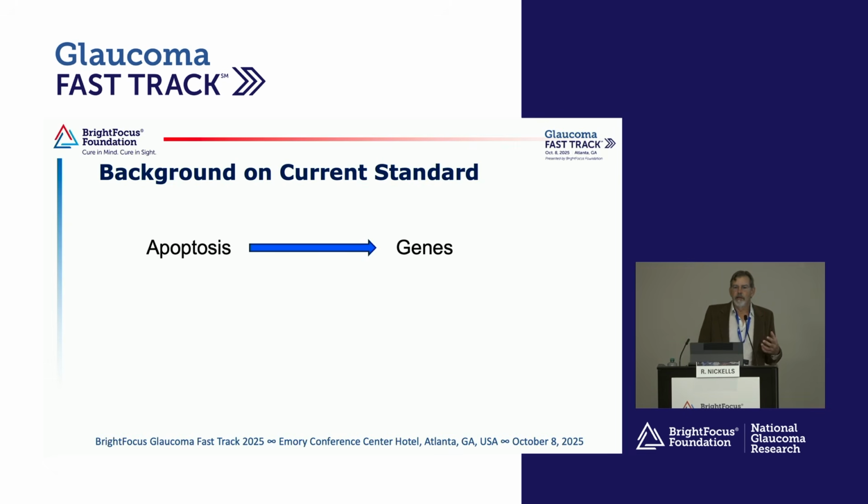In order to understand the genes, we needed an animal model where we could manipulate the genes, and by far the most prevalent and best model available at that time was in mice in the induced mutant resources. So we needed a way to study ganglion cell death in mice.